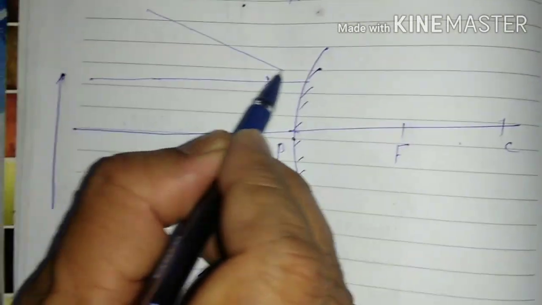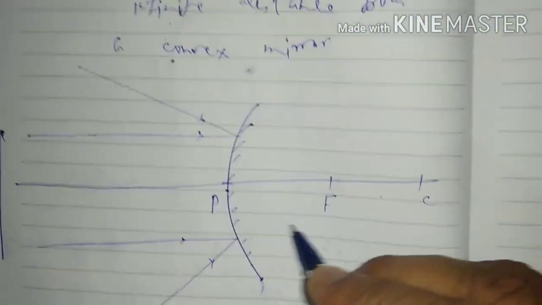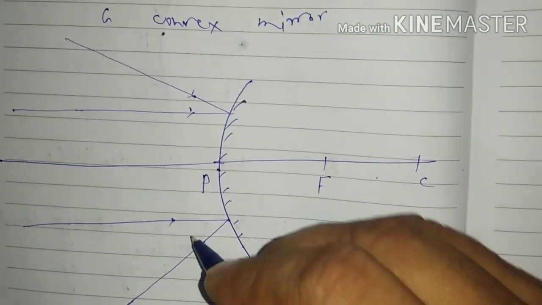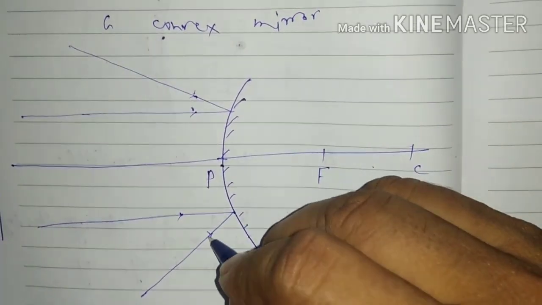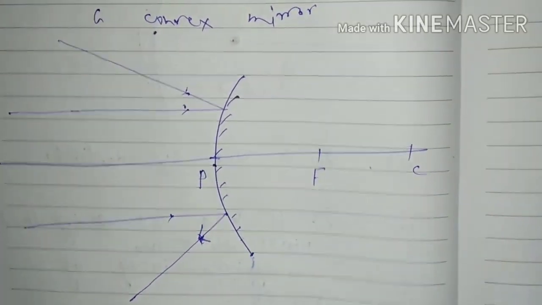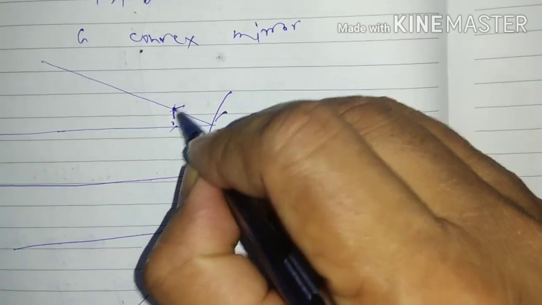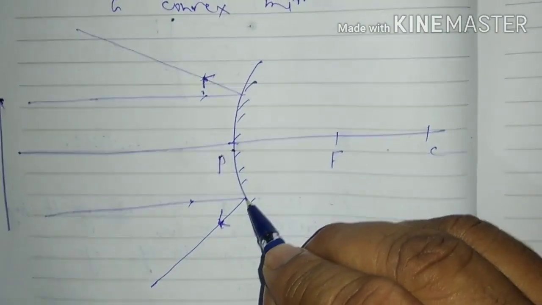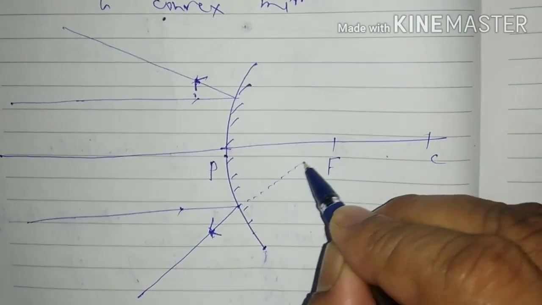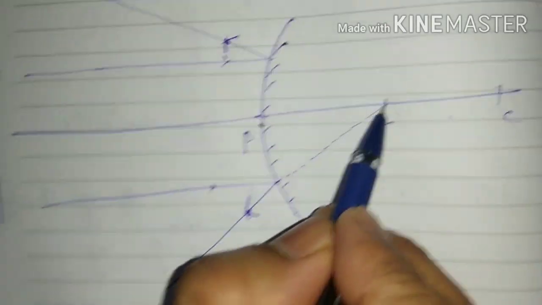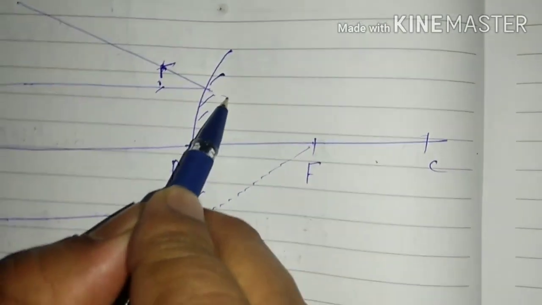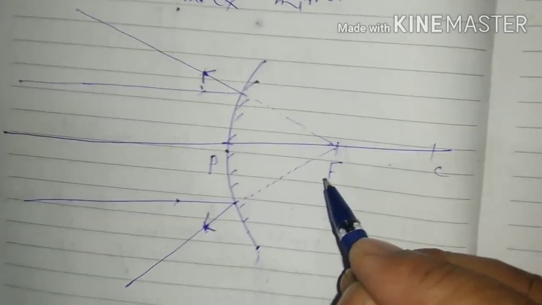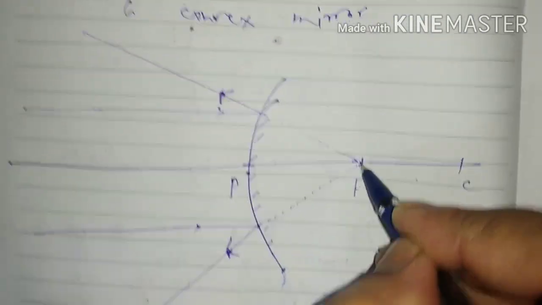And when it is proceeding back, then it appears to, after reflection, diverge. This is the direction. So after reflection, it appears to come out from a point. So virtual image of object is formed at focus.